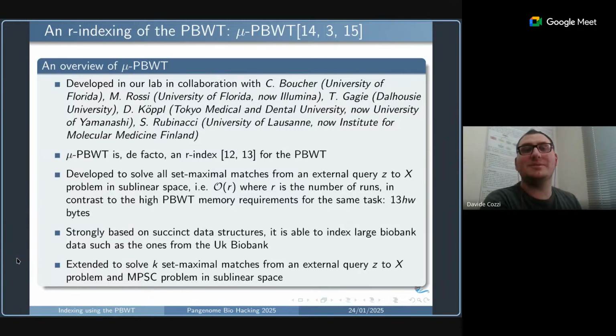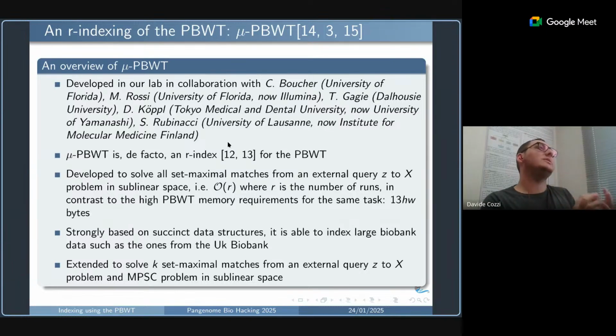We tried to use this run to index the PWT, and we developed, in collaboration with all the people you see in the first point of this list, a sort of r-index for the PWT.